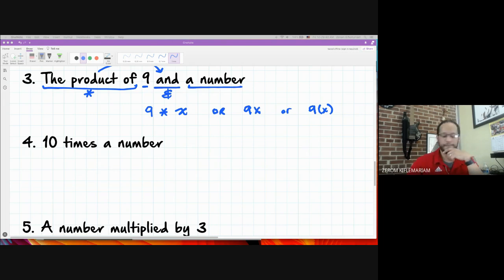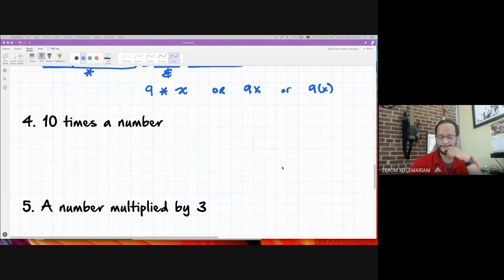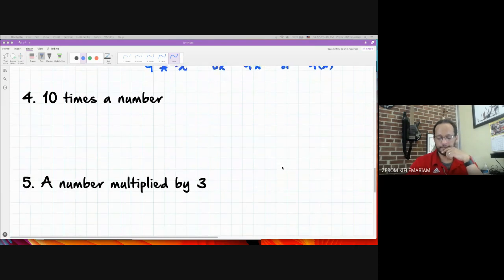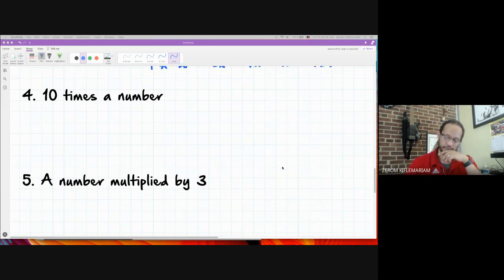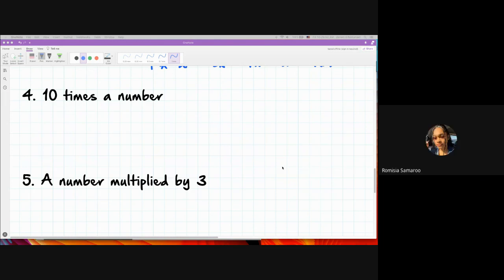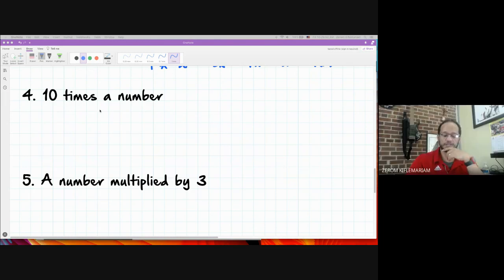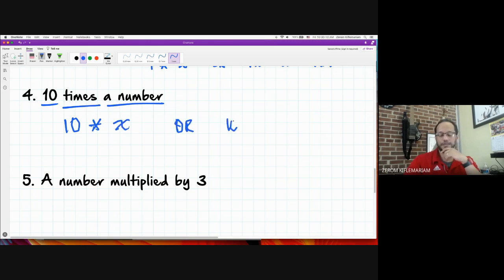Four and five, help me. Ten times x. 10 times a number, so it will be 10 times x, or 10x.